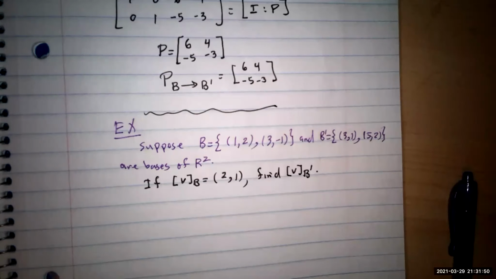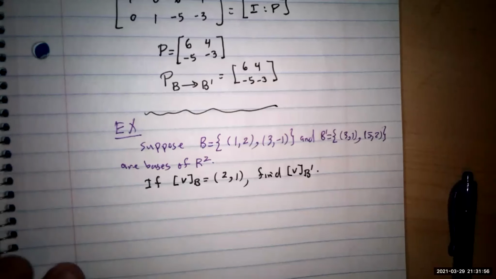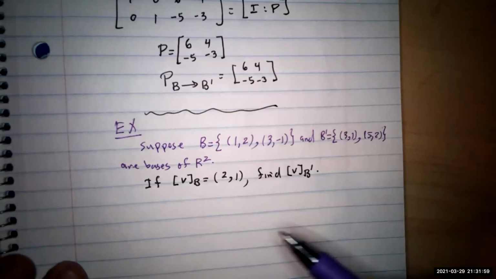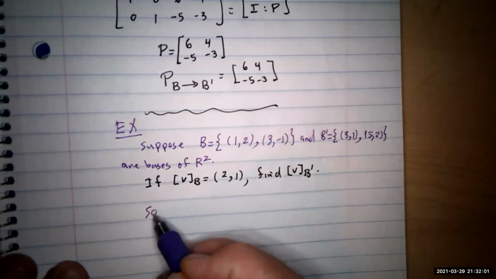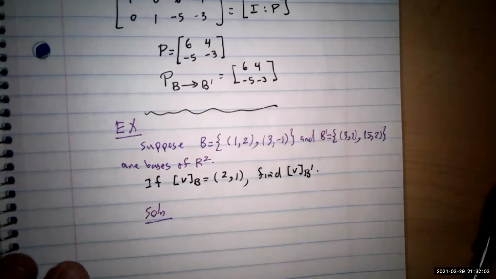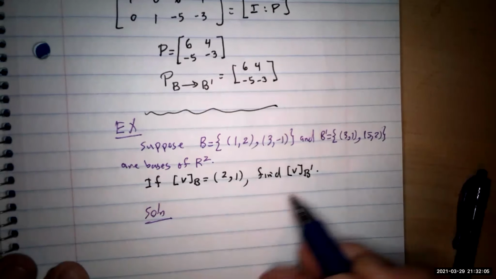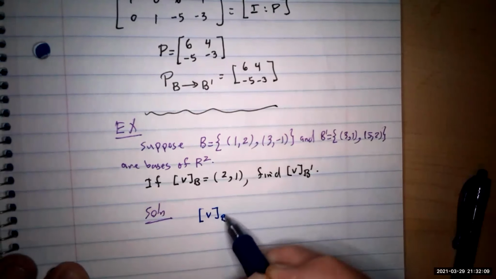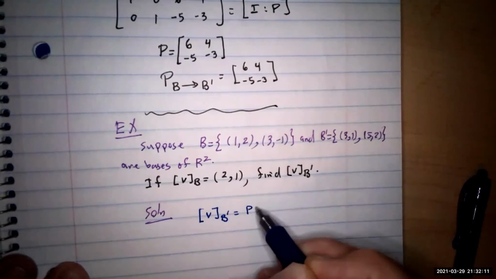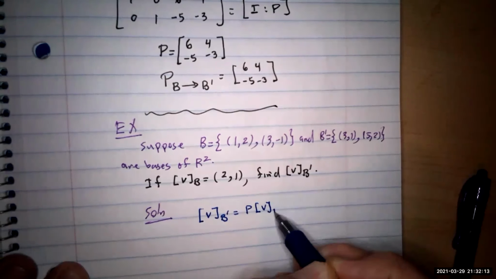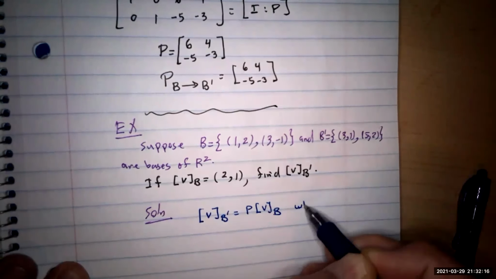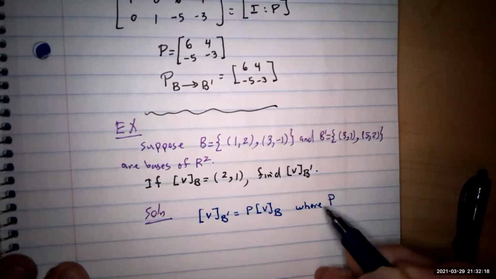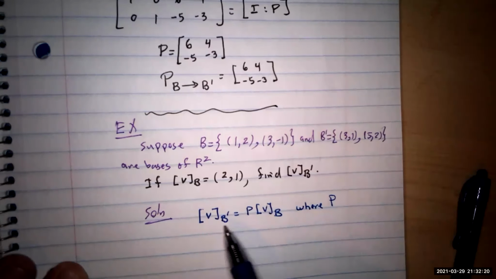So write the formula that you need, and then you go and find it. This is the way you write it down, depends which one is missing. So the solution is going to be, you want to find the new one. So this is going to be P times the old one. But remember where this P is from B to B prime.